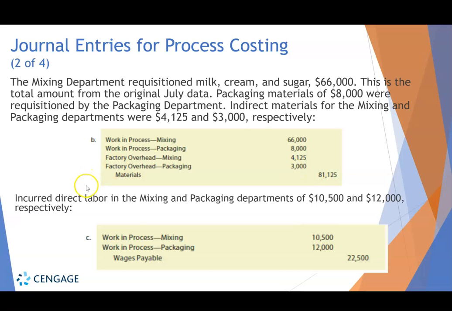Then it says we incurred direct labor in the mixing and packaging departments of $10,500 and $12,000. We would debit our work in process mixing for the $10,500, debit our work in process for packaging of $12,000, and we would credit our wages payable.